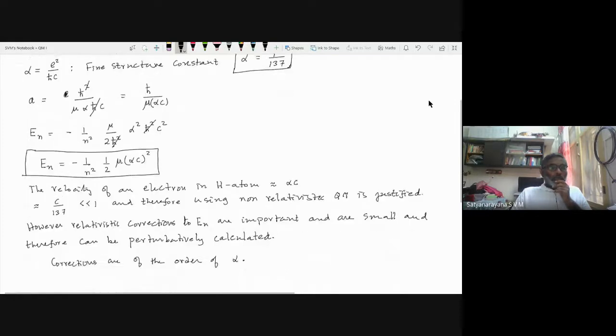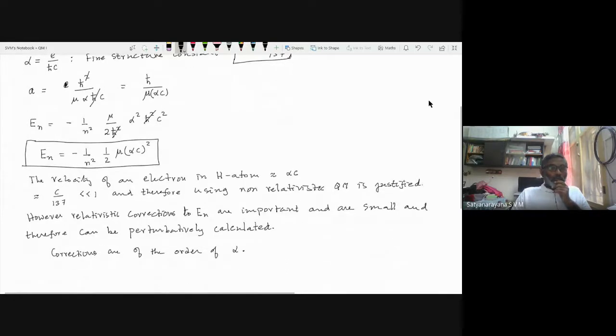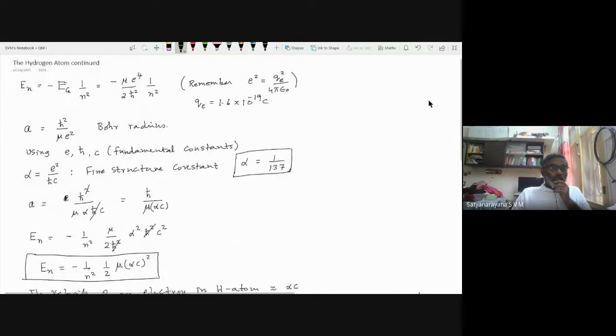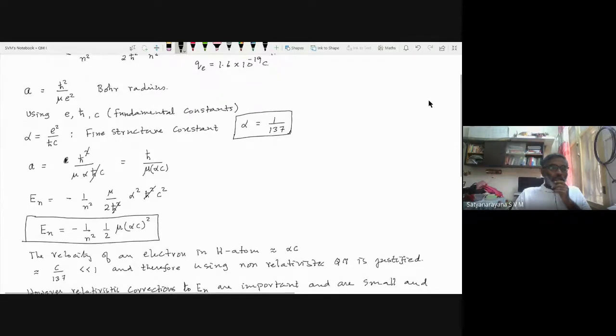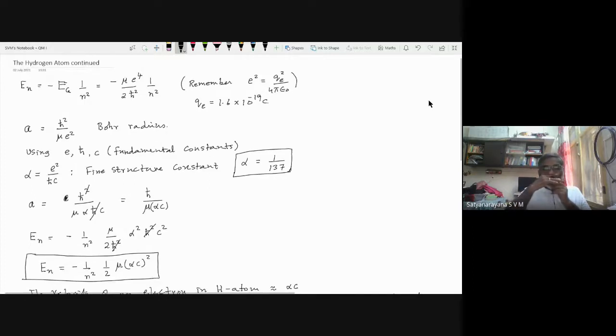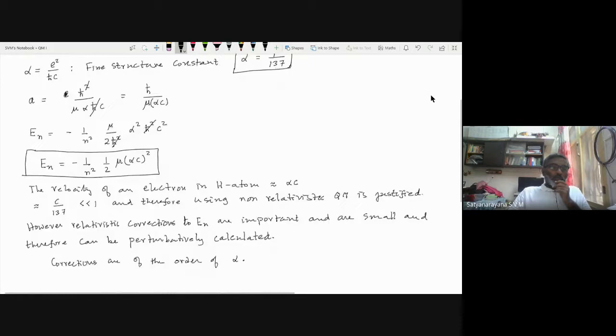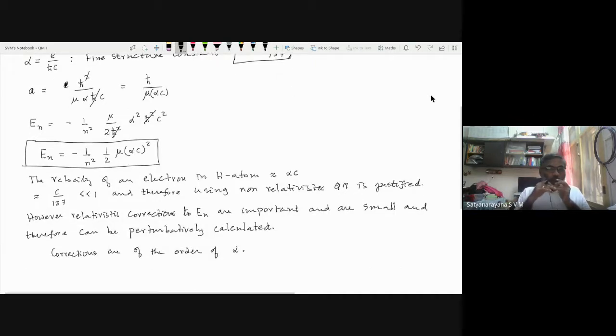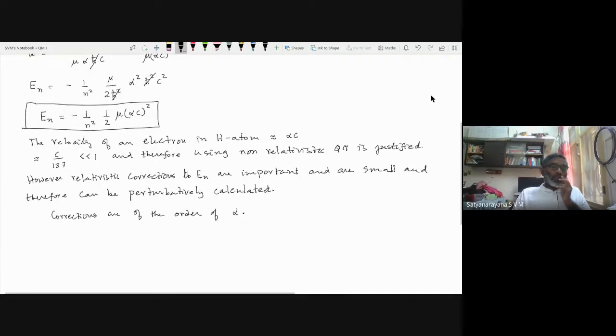Now, also let me say that this is a problem which we have exactly solved. That means these energy levels we have obtained exactly. Now, when we get some exact expression, we would like to understand in what all situations this can be used.